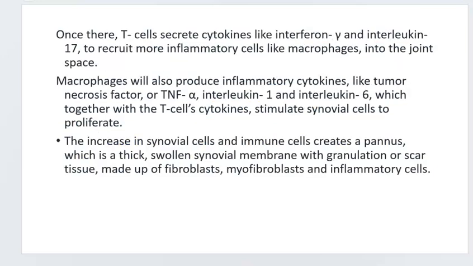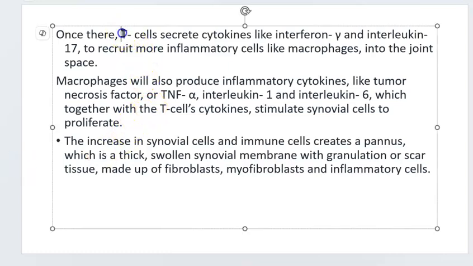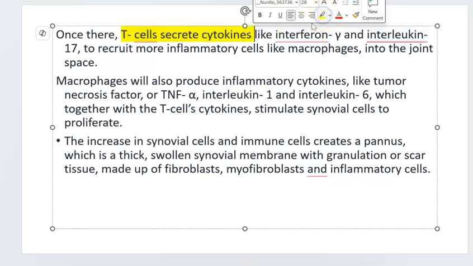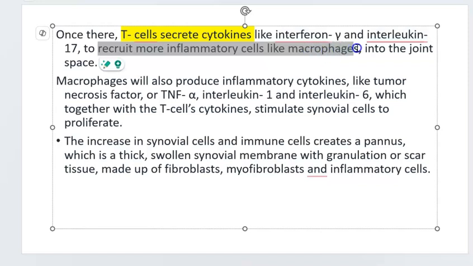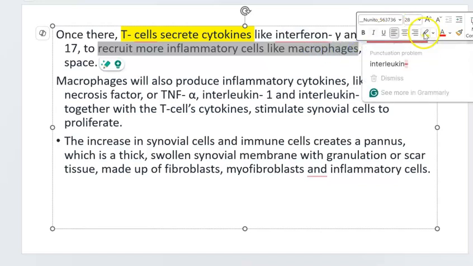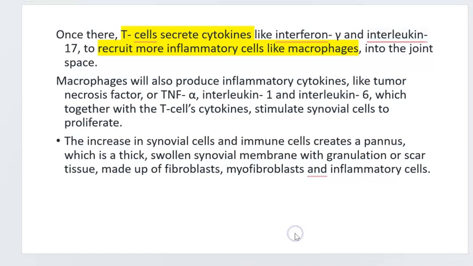Once there, the T cells secrete cytokines, like interferon and interleukin, into the joint space. That's no good, right? And that causes more recruitment of macrophages into the joint space. These are not where they're supposed to be.